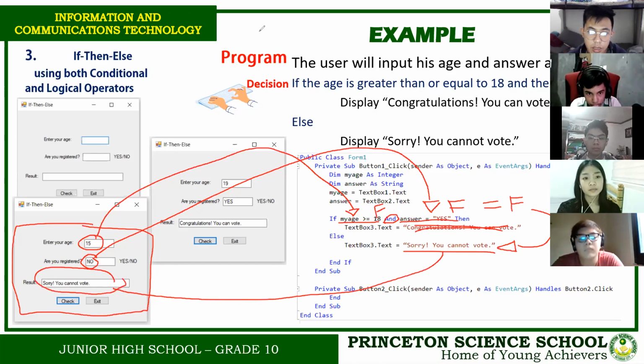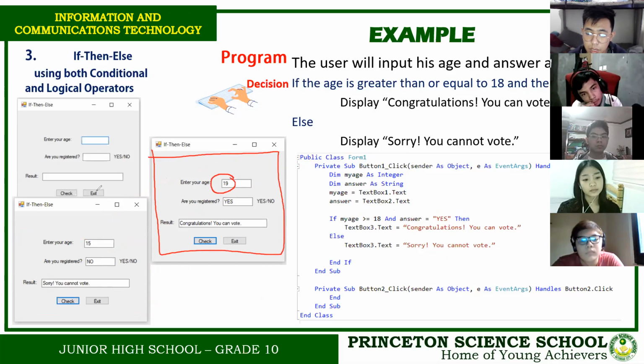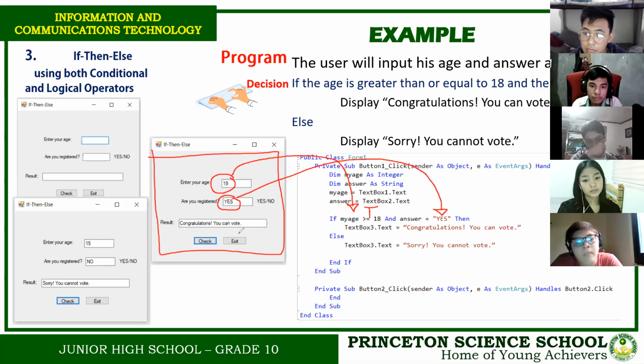Okay, and then in the second example, the first input was 19. Looking at our condition, is it true? Yes, my age is greater than 18, which is 19. So this one is true. The second input, the string, is yes. Is it equal to the second condition? That is correct.